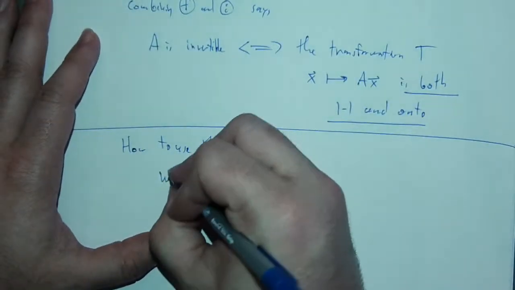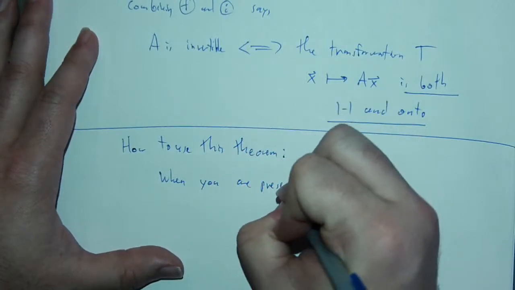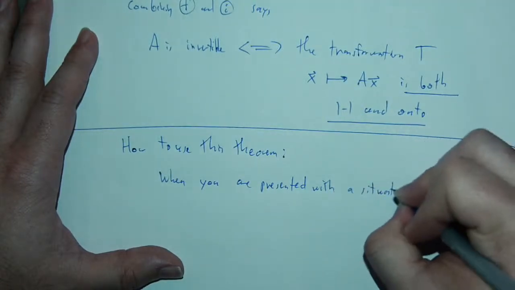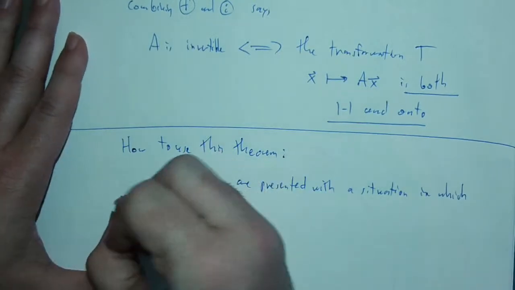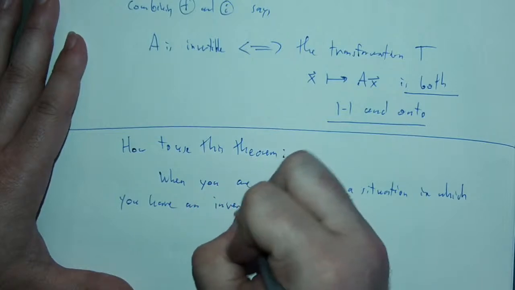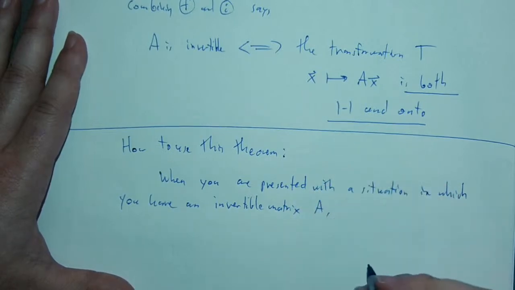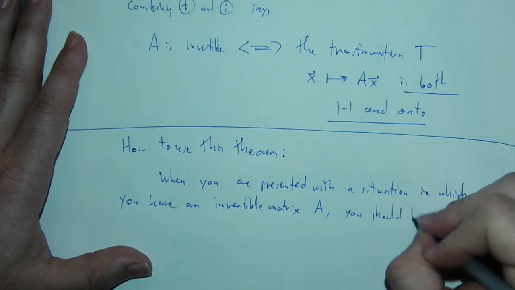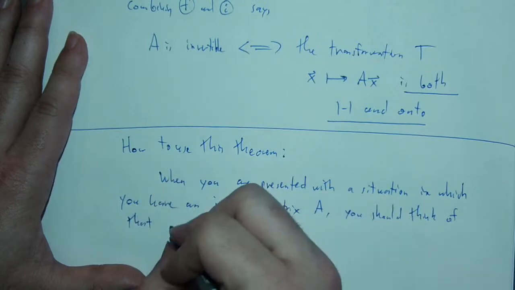So when you are presented with a situation in which you have an invertible matrix A, you should think of that long list of properties that A satisfies.